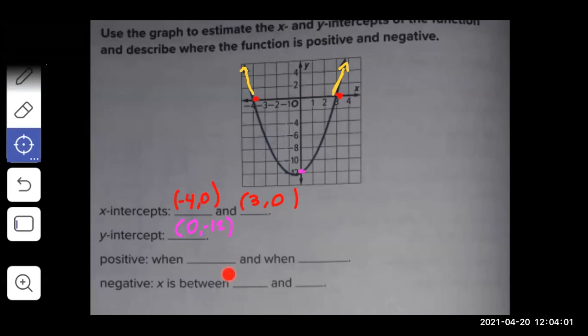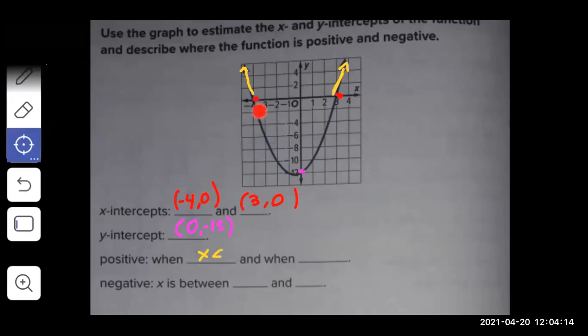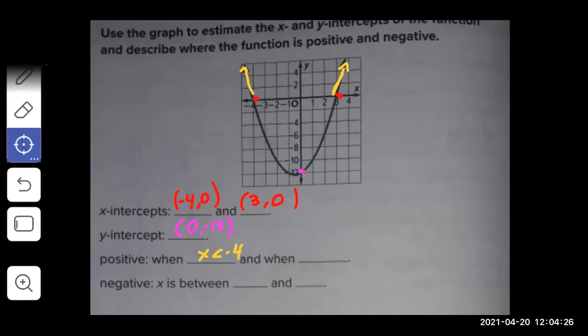Okay, it is positive when what, guys? Maybe you're going to get a little bit confused with this because I haven't explained. When x is less than, what value is this, guys? -4. When x is less than -4, because all of this graph is going to be increasing. And what is the other part that is growing up, positive?